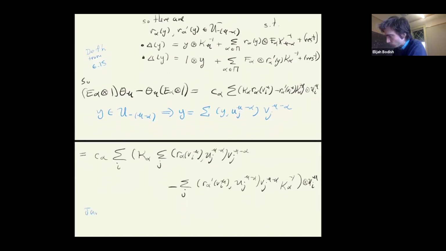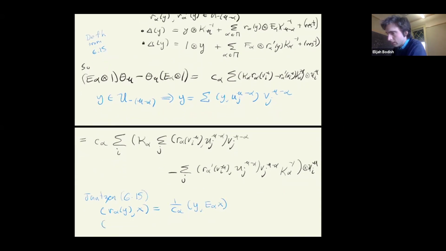So in section 6.15, if you want a reference, or in Arun's talk, we checked that R alpha of y x is 1 over C alpha y E alpha x, and that R alpha prime of y x is 1 over C alpha y x E alpha.